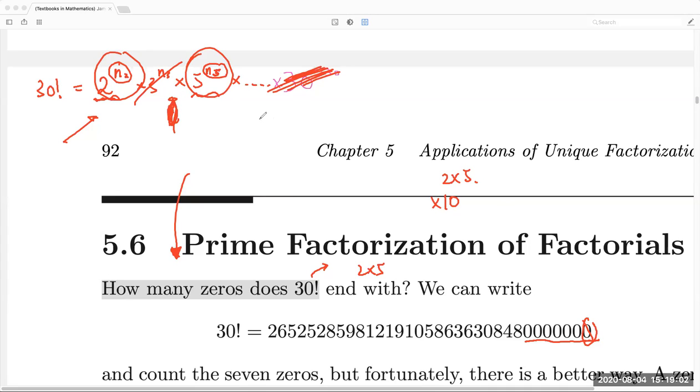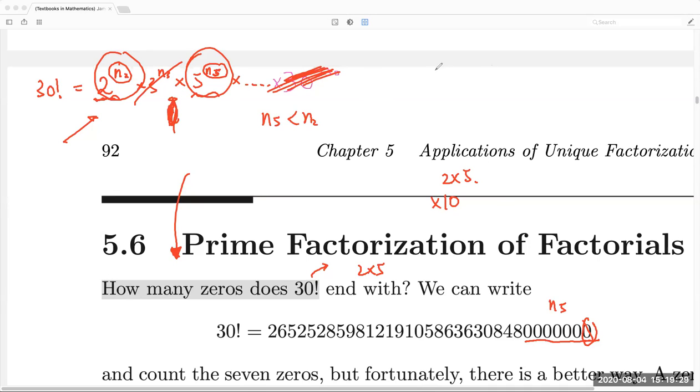So let's say if n5 is smaller than n2, then the number of zeros behind that should equal n5. Any question?